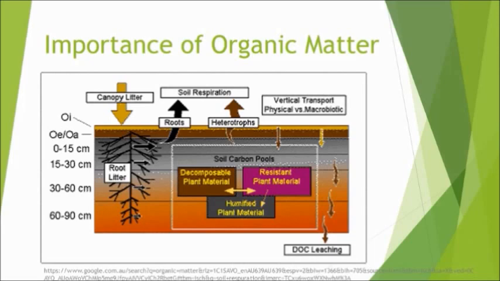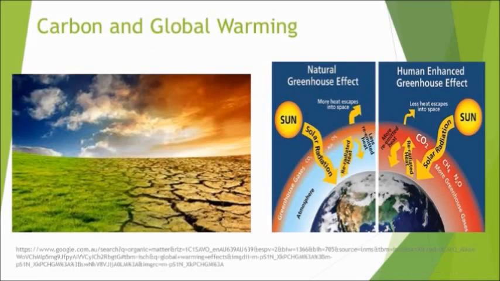Now, this is a cycle of carbon, but if we produce more carbon dioxide in addition to the natural amount, the carbon dioxide concentration will be high in the atmosphere. It will keep more heat in the atmosphere, causing global warming.